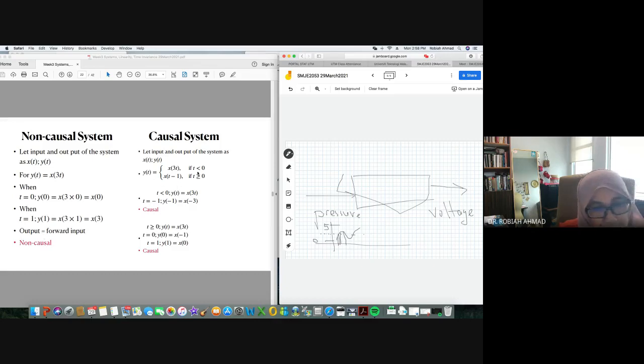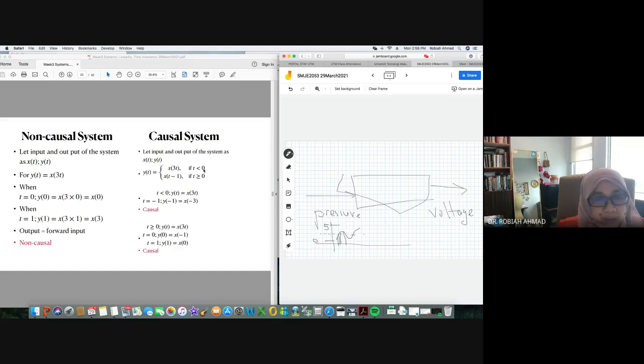Okay, we look at another example. So let's say y(t) equal to x(3t), tapi dalam kes ini bila t less than 0. But then bila t more than or equal to 0, the y is changed into y(t minus 1). Okay. Same like before, kita tengok bila t equal to 0, sini saya tengok minus 1 dulu, baru kita nampak sebab condition di sini, satu less than 0, satu above or equal to 0.